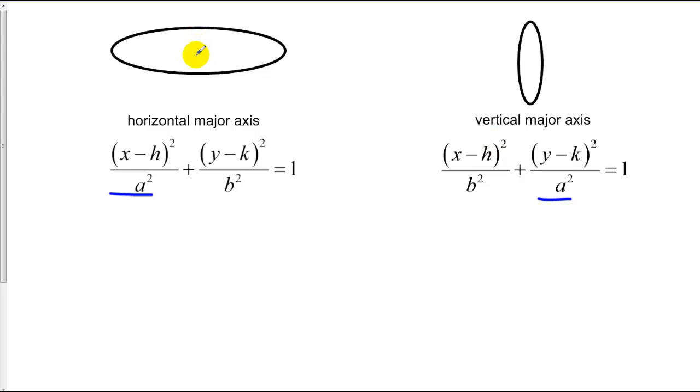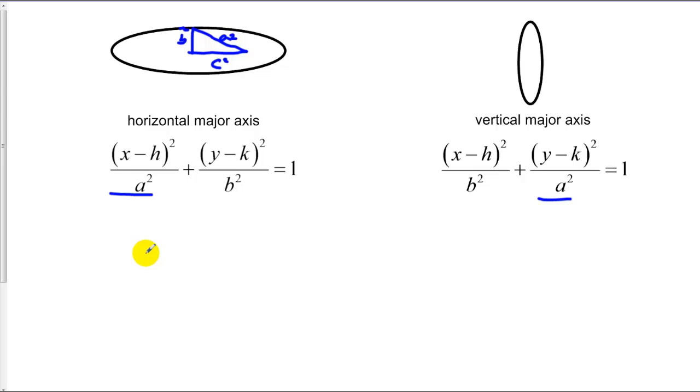Now there's a relationship between a, b, and c. If I were to take the b length and connect it with the c length, the distance from the 2 points would actually be a, in a right triangle.